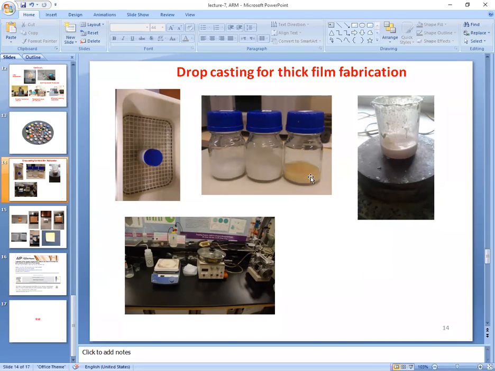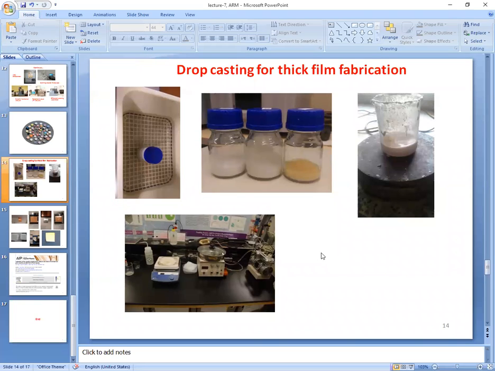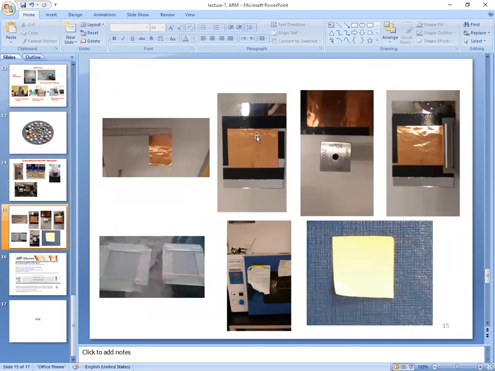These are the stock solutions with different compositions, and you have to make each one individually on a different substrate, not on the same substrate, because these are different materials. You can see these are the substrates. Substrate means support, and usually we use a conducting substrate, like this copper sheet.